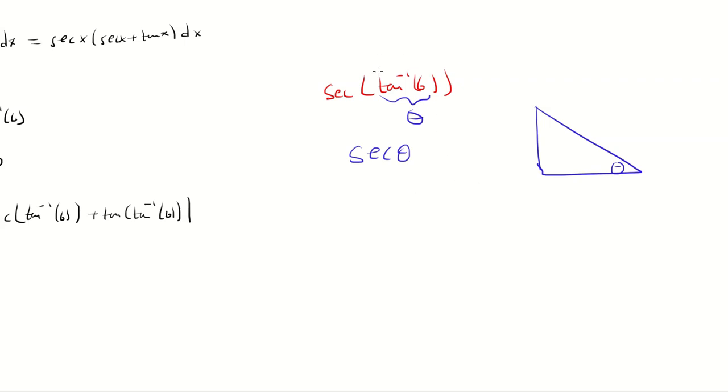And if theta is equal to inverse tangent of 6, that means tangent theta is equal to 6. We can think of that as 6 over 1, which tangent is just opposite over adjacent, and then Pythagorean theorem says this is root 37. So if I want to find secant theta, that's going to be the hypotenuse over adjacent, which is root 37.